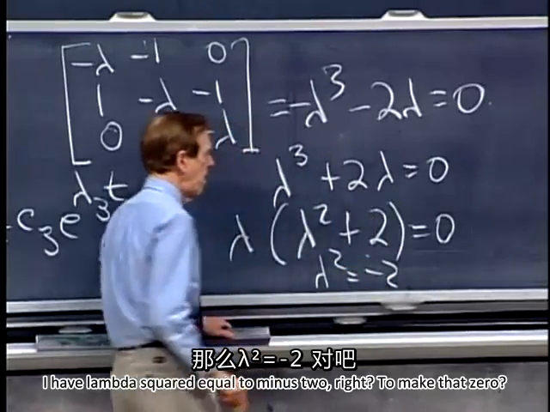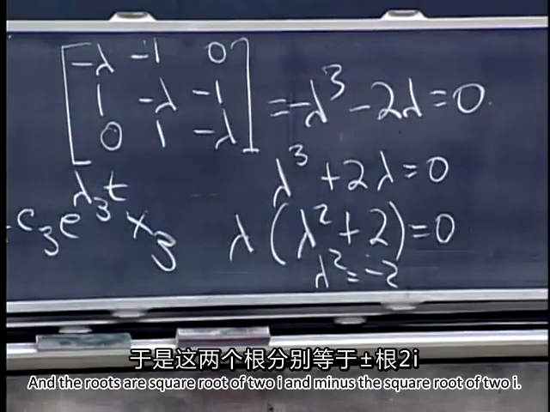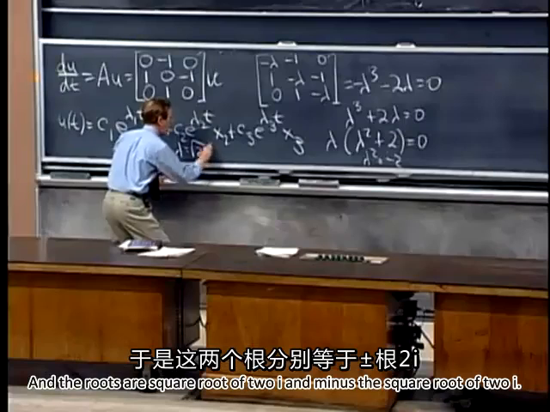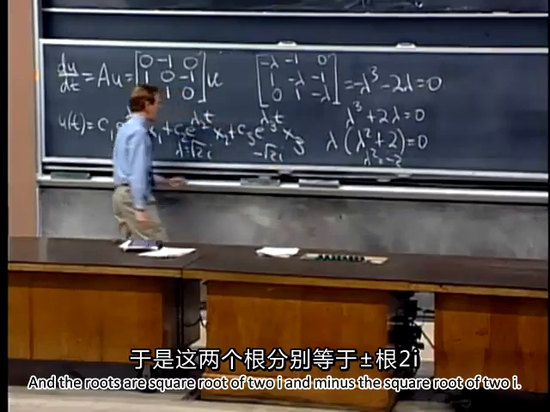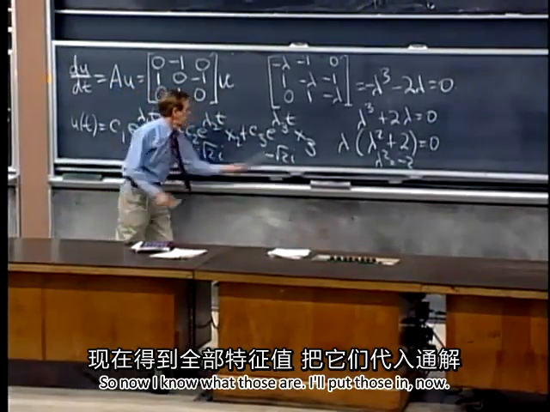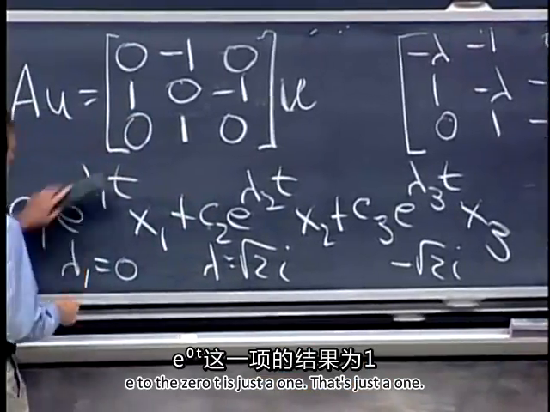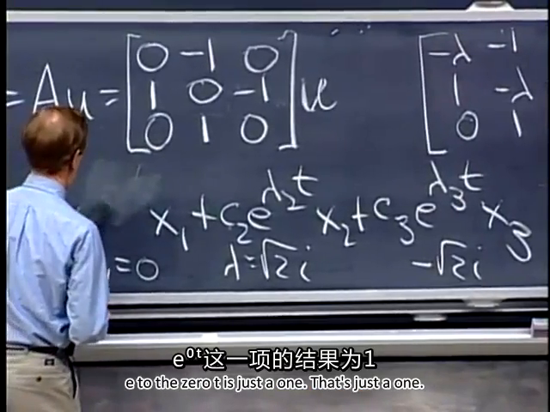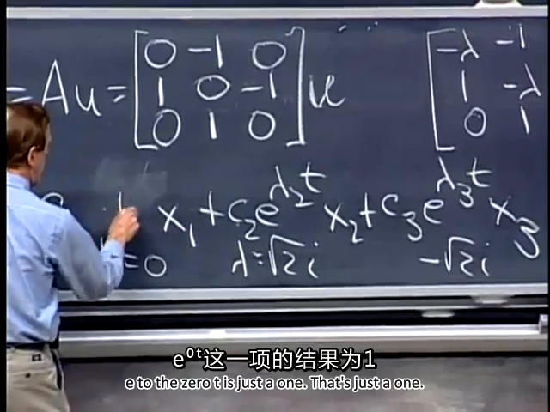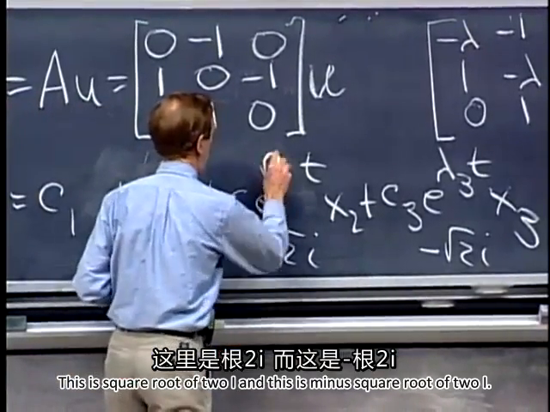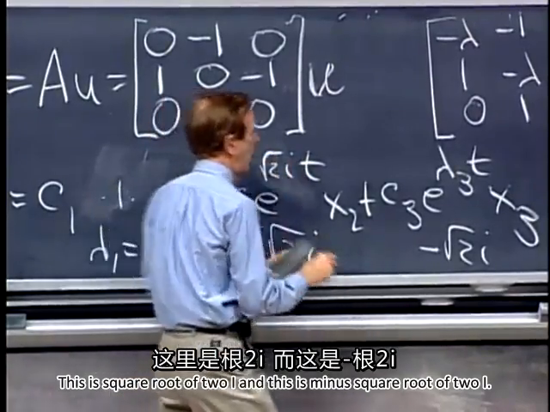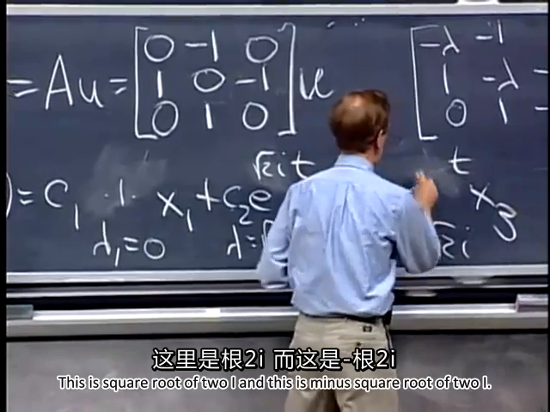And the roots are square root of 2 i and minus the square root of 2 i. So now I know what those are, I'll put those in now. e to the 0t is just a 1. This is square root of 2 i, and this is minus square root of 2 i.